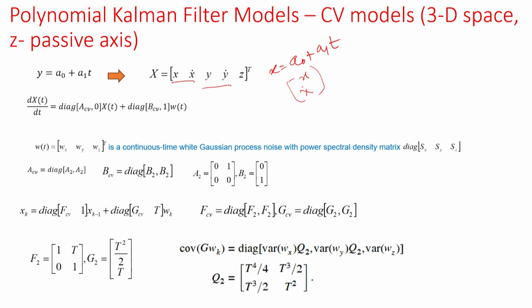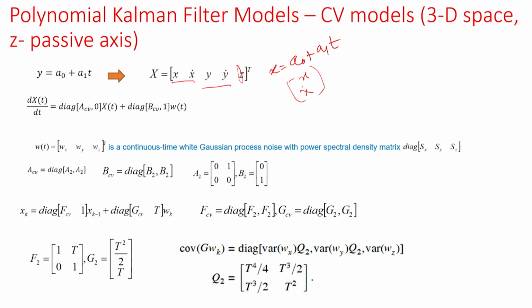Say it is an aerospace vehicle, or even a ground vehicle is fine, but let us assume it is an aerospace vehicle. So, you have x, x dot, y, y dot. An aerospace vehicle will have z and z dot as well, but I am assuming there is no motion in z, it is constant, maintaining its altitude. So, z axis I purposefully made passive, but in practice it is not like that.